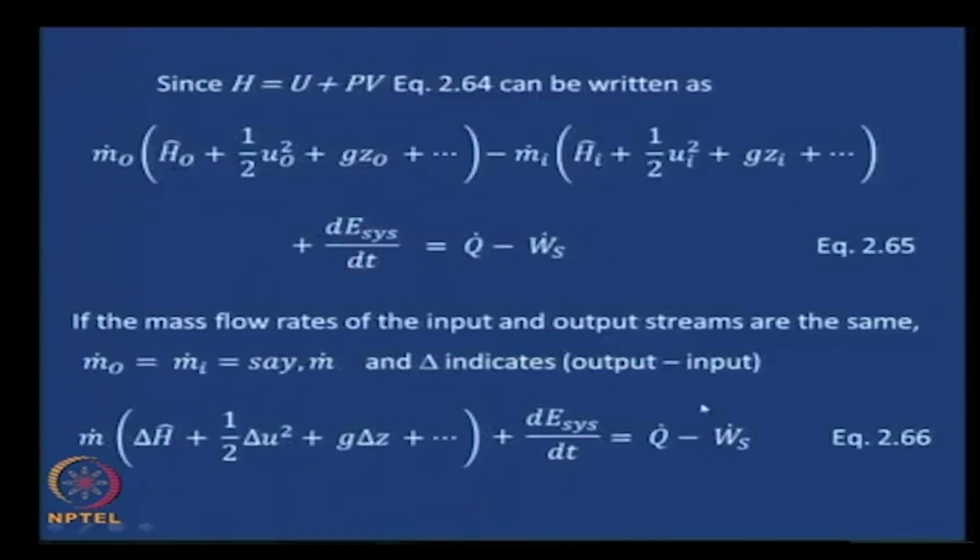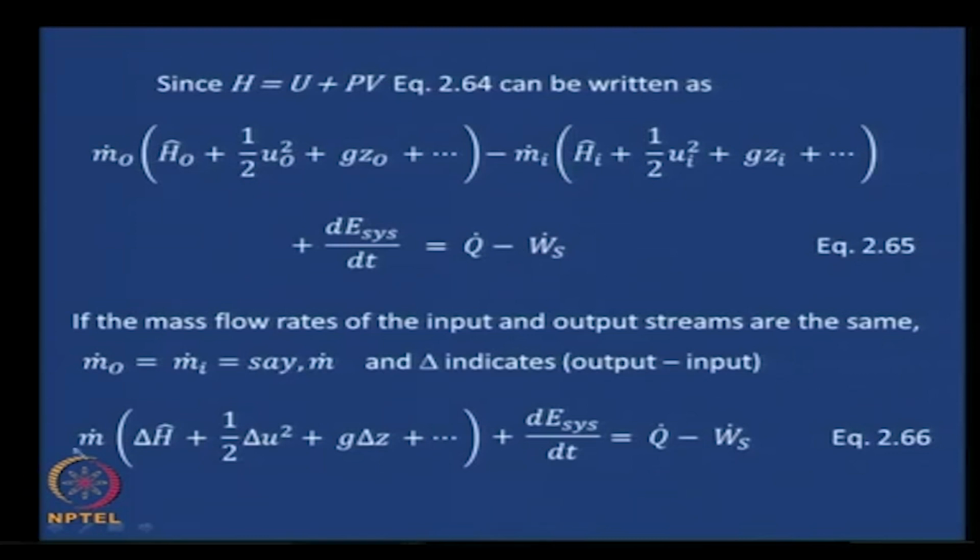So this is in a form that we can directly use. If you know the differences in velocity between the inlet and outlet, the differences in heights between the outlet and inlet, and the differences in enthalpies of the stream at the outlet and at the inlet, then this can be computed if you know the heat interaction and the shaft work interaction.